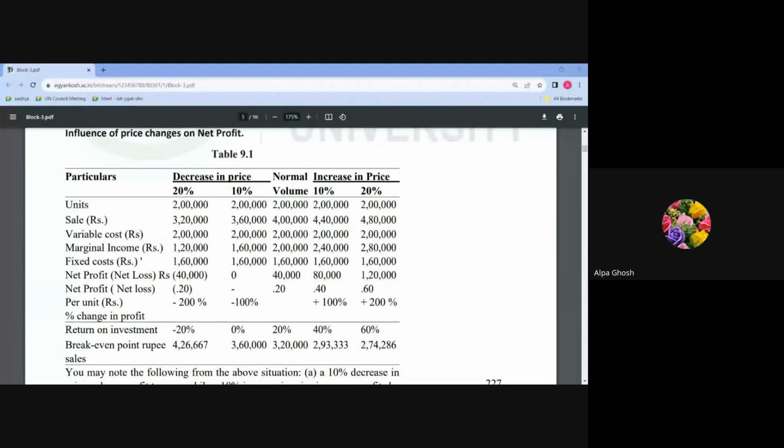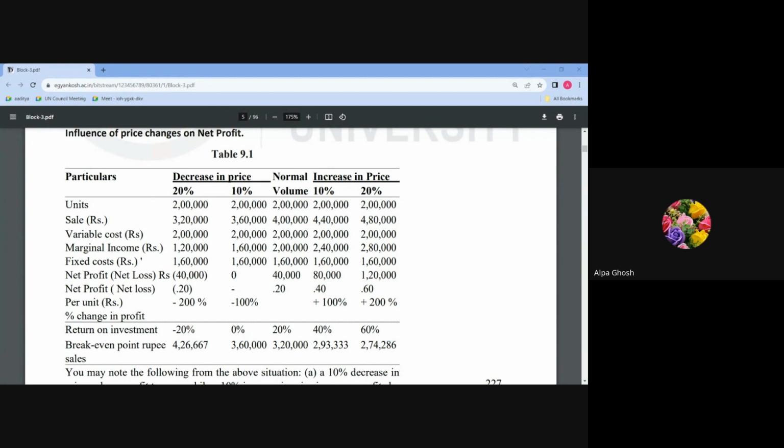As you have done decrease in price, same way normal price, this normal volume, is the information which is given in the question. Here we are not doing anything. Either we are dealing with the decrease or increase, am I clear?